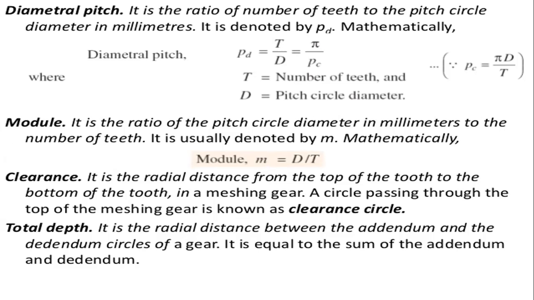And next one is the clearance. So it is the radial distance from the top of the tooth to the bottom of the tooth in a meshing gear. So in a meshing gear, the top of the tooth to the bottom of the tooth is measured by a radial distance.